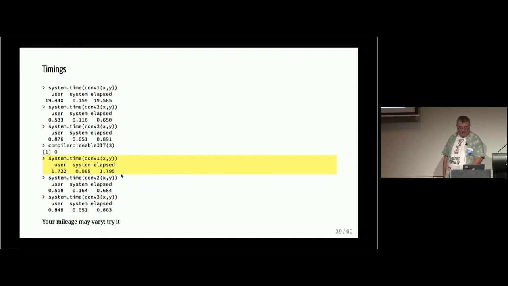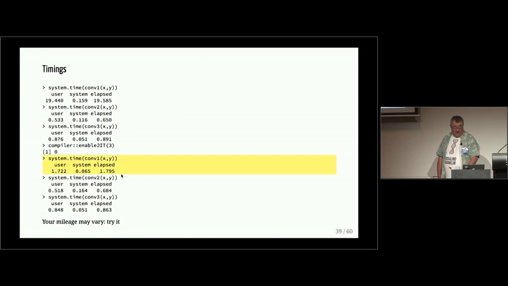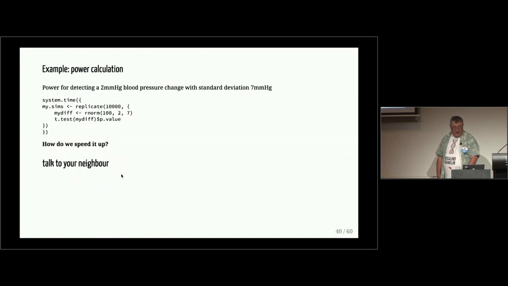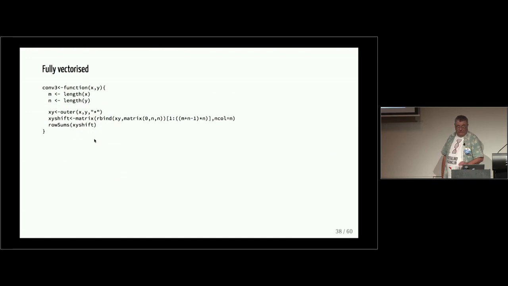So this is an example of vectorization working, and it's also an example of the bytecode compiler working. But the other problem with this fully vectorized version is that it makes an m by n matrix. And if m and n are large, then an m by n matrix will be large, and so you'll run out of memory for much smaller values of m and n with the third version.